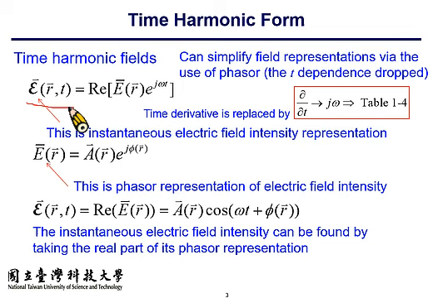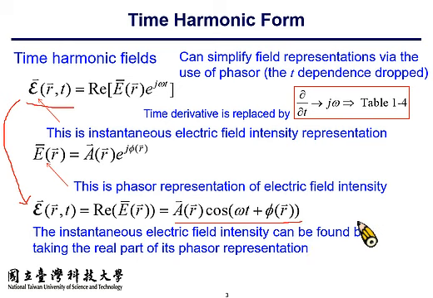It's referred to as the instantaneous form, the instantaneous electrical field intensity representation, which means you will have to write up the time dependence as well as spatial dependence. So actually the instantaneous form is here.